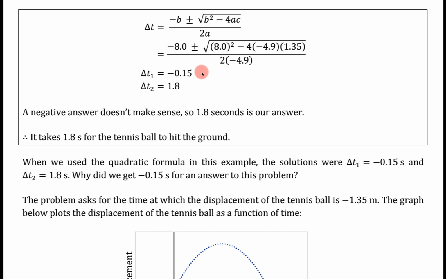Now, we're probably used to the idea that whenever you use the quadratic equation, you always get an answer that doesn't make sense. A negative answer doesn't make sense, obviously. Delta t of minus 0.15 seconds is 0.15 seconds before the ball was even thrown. So that doesn't make sense. 1.8 seconds is clearly our answer. And so we can write that it takes 1.8 seconds for the tennis ball to hit the ground.